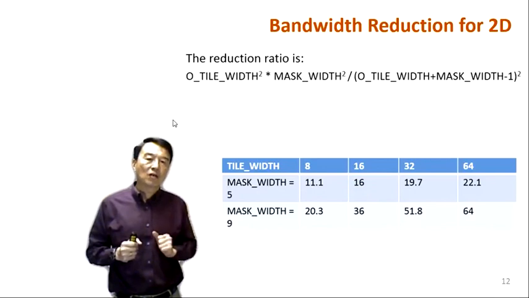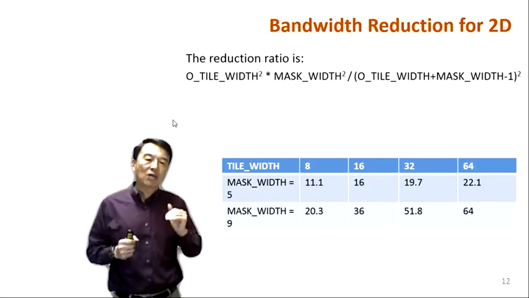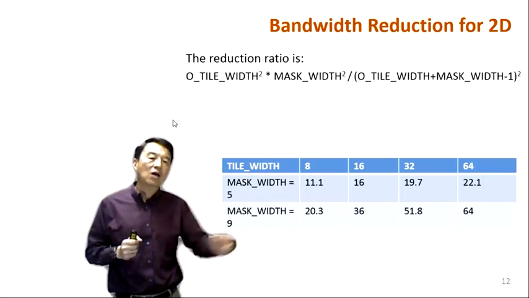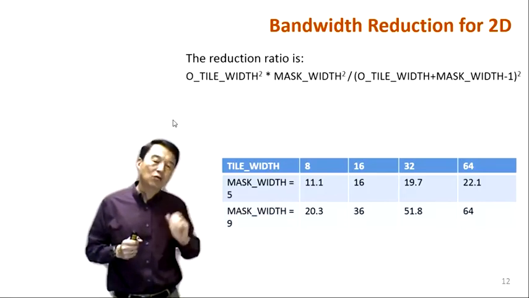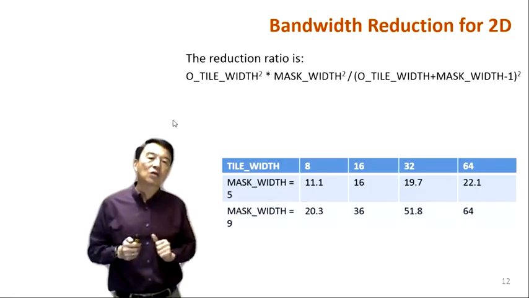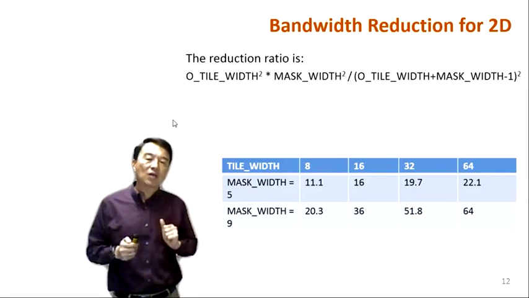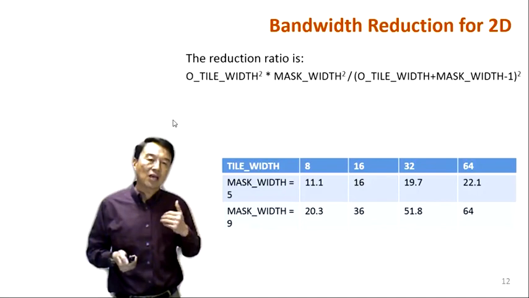So for convolution, if we end up using a 12 by 12 output tile and 16 by 16 input tile in the lab, we're going to get somewhere between 10 and 12 or so reduction in the memory access. That's a fairly reasonable number, but not quite as good as what we like to see in the ideal case.